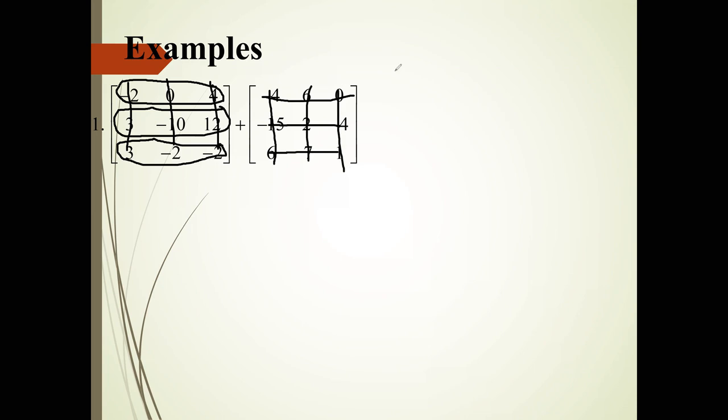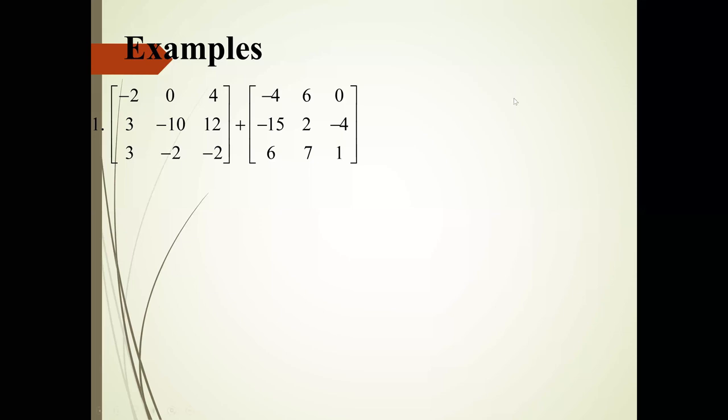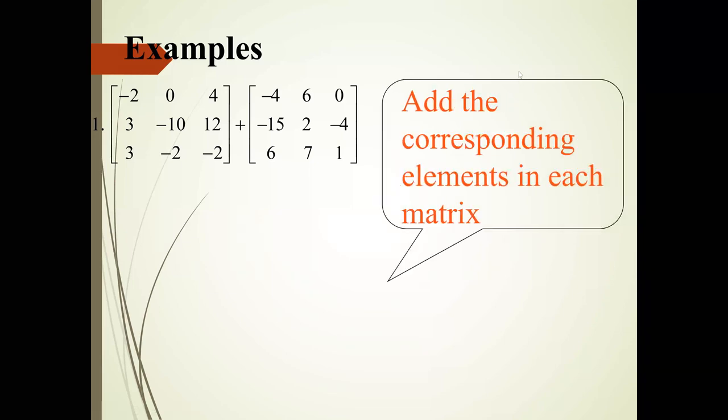So right away we know that both matrices are of the same order, and as a result we can go ahead and add corresponding elements. All right, let's go. When we're adding corresponding elements, it simply means that, for example, the first number here is in the first row of the first column.